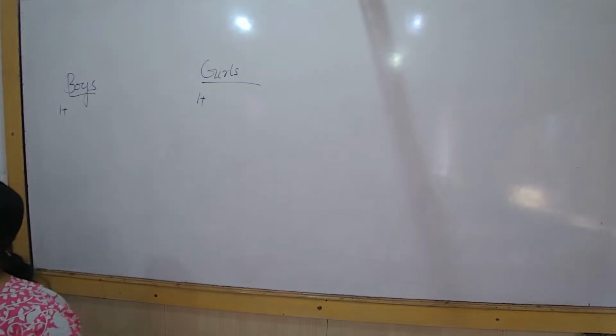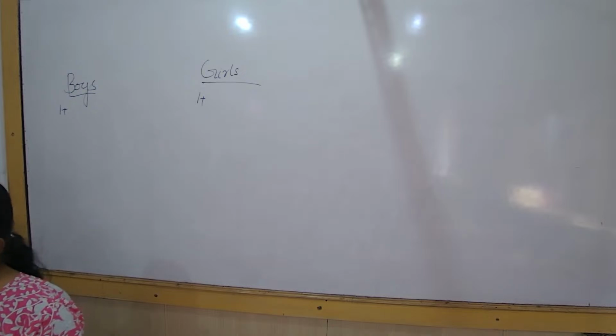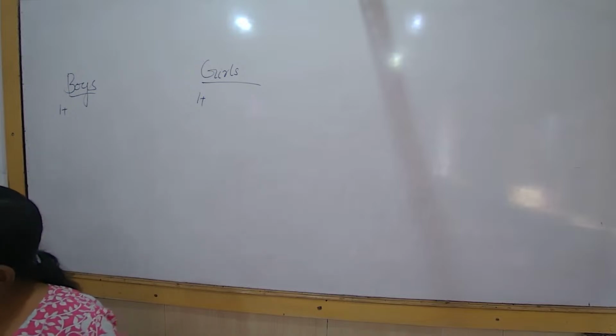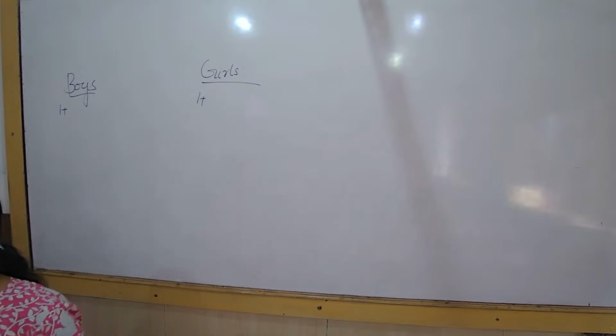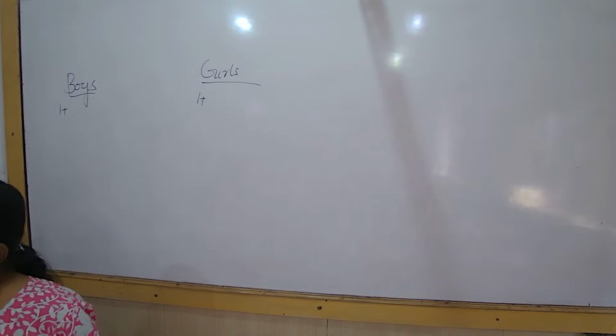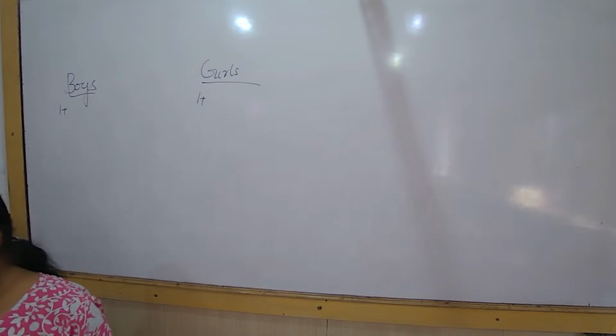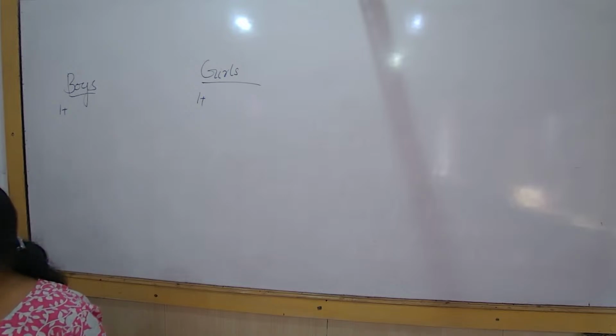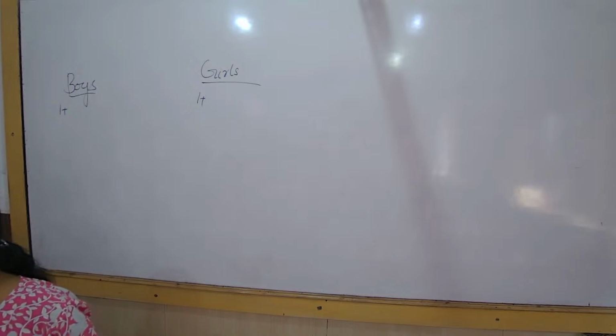Harvested in October, November. No, August, September. August, September. No, October and November. They are sown in. Rabi crops are sown. One second, June, July. So when is its harvest?